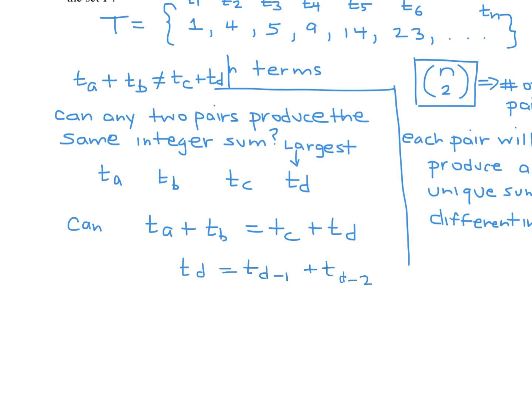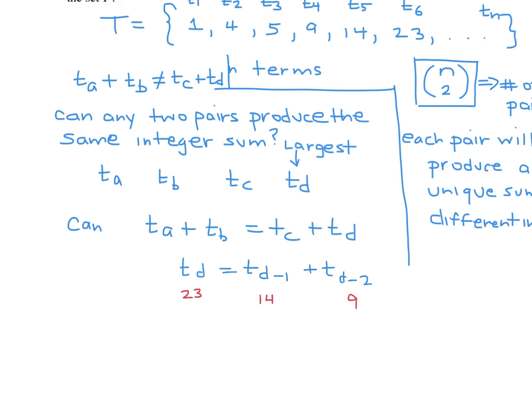That's just directly from the question. Now, let's say this is TD. I gotta give some numerical values, otherwise it'll be a little too abstract. Let's say TD was 23. Well, according to my nice little set of numbers, this is 14 and this is 9.